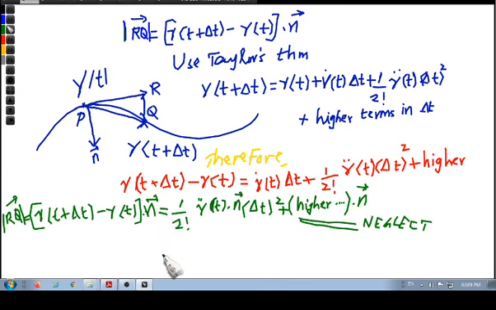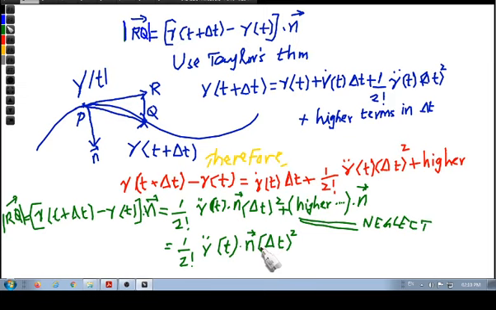So this deviation is how much? 1 by 2 factorial gamma double dot of t dot product with n delta t square, and if you take the norm of this, you will get, since the norm of n is equal to 1 because n is a unit vector, 1 by 2 factorial norm of gamma double dot of t times delta t square.